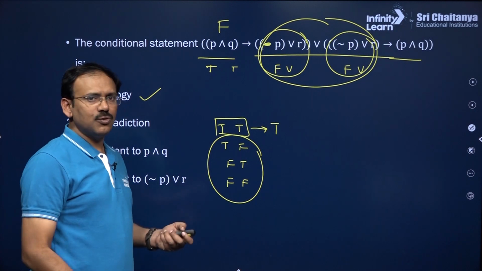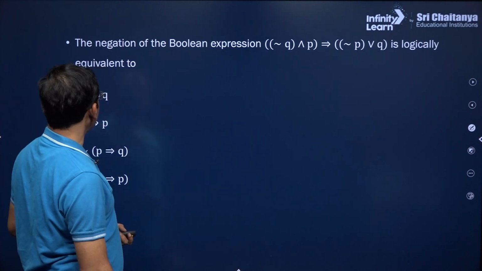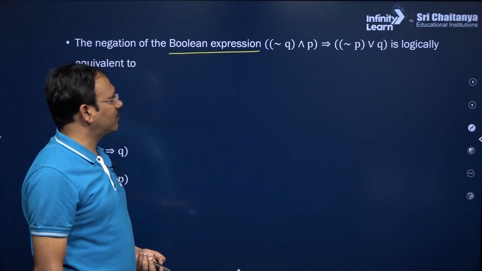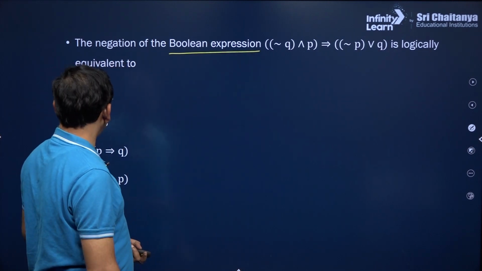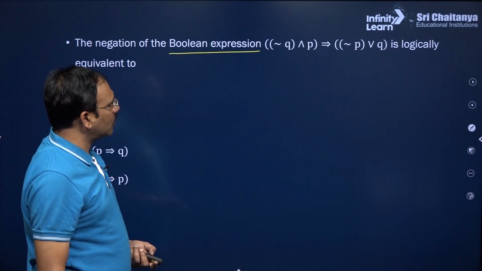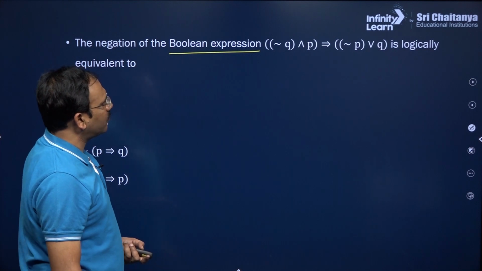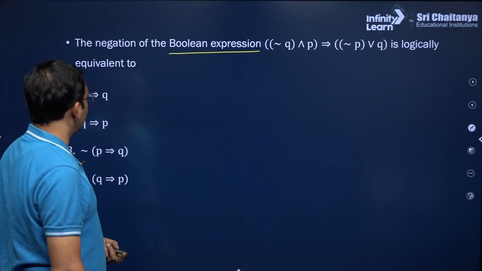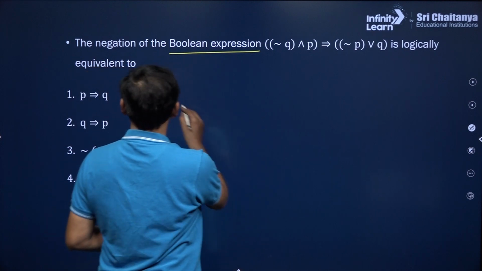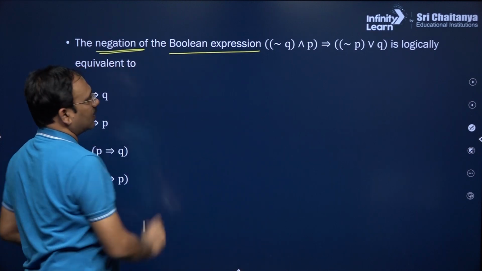Okay. You can also do it by taking the cases. The negation of the Boolean expression, negation of P and Q implies negation P or Q, is logically equivalent to something. Please observe that.